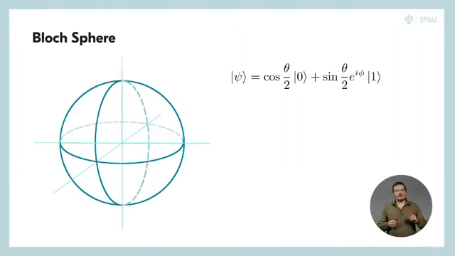Imagine that we have a sphere. We put our vector 0 right on top of it, which corresponds to the angle theta equals 0 and phi equals also 0. Now we will increment the angle theta, which will correspond to the altitude on this sphere.